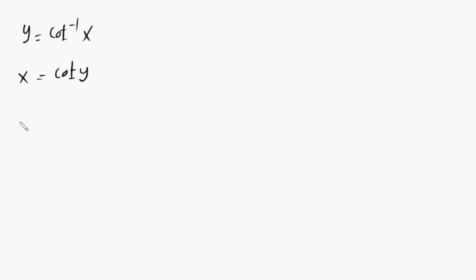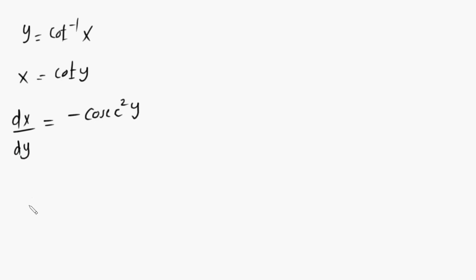So dx dy is just going to be equal to what? When I differentiate cot y, what did I get? What was the derivative of cot of y? It was negative cosec squared y, okay? The derivative of cot x that we derived earlier is negative cosec squared x, so it's that there.